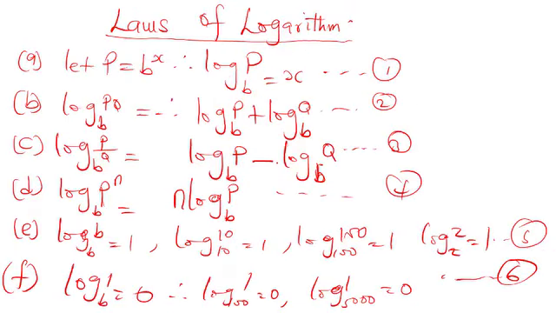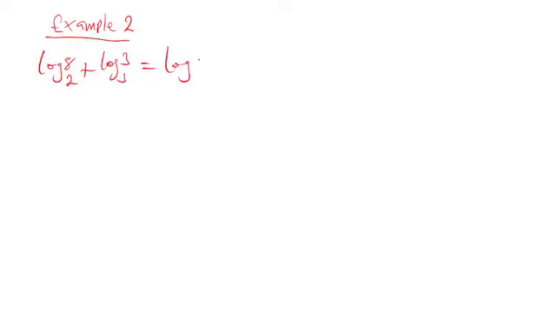Now let's go further into solving some other questions. Now we have example 2. We'll be solving more questions on this so as to increase our level of familiarity with the questions. Let's solve log 8 base 2 plus log 3 base 3. Now remember what I told you, 8 is 2 raised to power 3, so it's the same thing as log 2 raised to power 3 base 2, plus log 3 base 3.